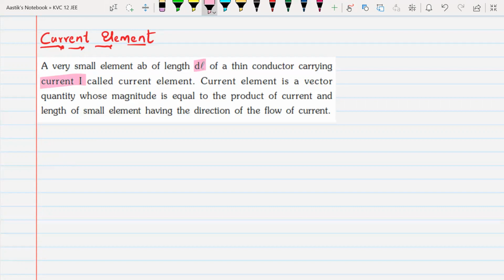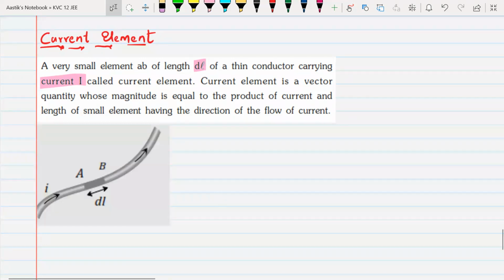It's just a hypothetical term just to understand the concept of how this wire creates a magnetic field. Suppose you have a current carrying wire, carrying a current I. Do we see this?